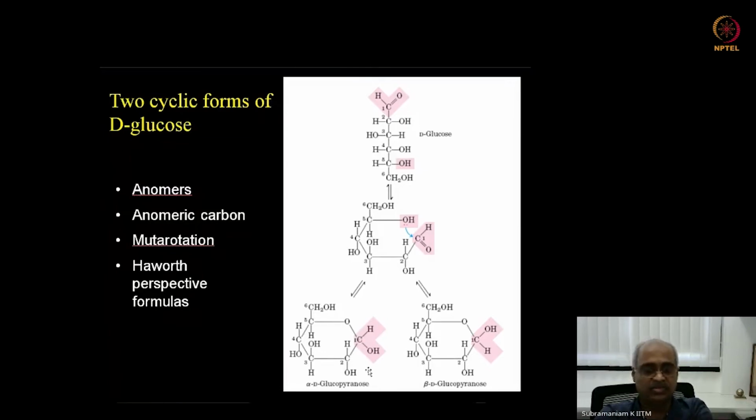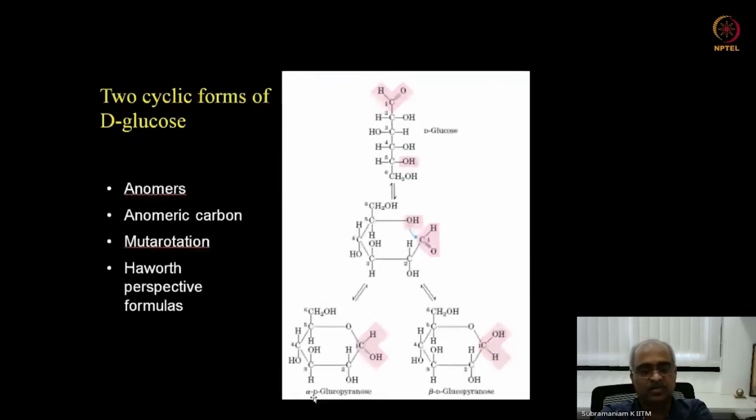So in aqueous solution, one orientation we call alpha and the other orientation we call beta. By convention, when you show the OH on the top, you call it beta, and below it is called alpha. So in starch, what you have is an alpha-D-glucopyranose. So the orientation on this carbon is the reason for D, and the orientation around this anomeric carbon is the reason for this alpha. So the normal glucose is alpha-D-glucose.